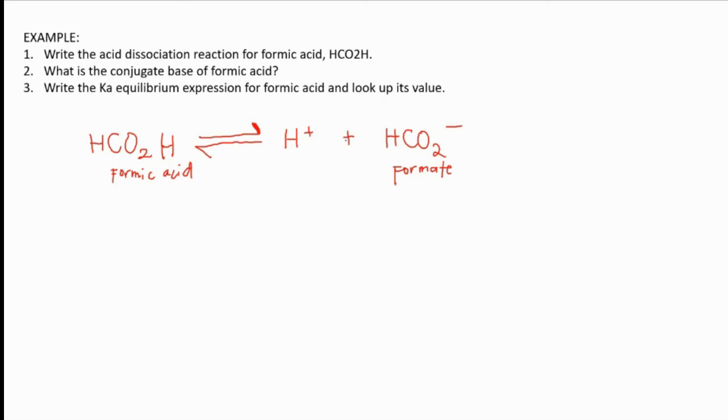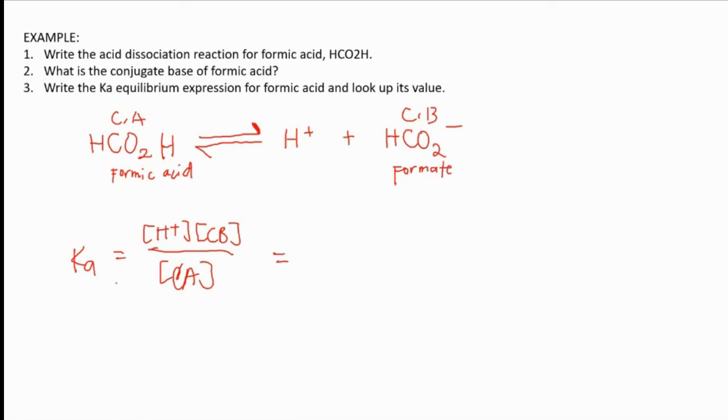They differ by one hydrogen, so formic acid is your conjugate acid, and the formate ion is the conjugate base of formic acid. In the general formula, we have H plus, then the conjugate base, then the conjugate acid.